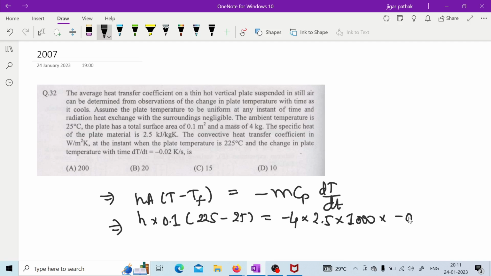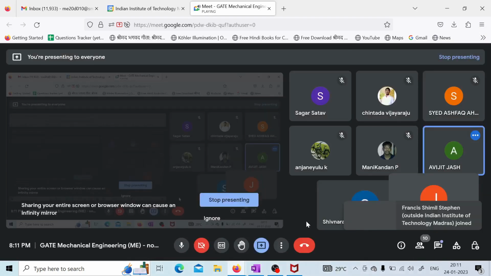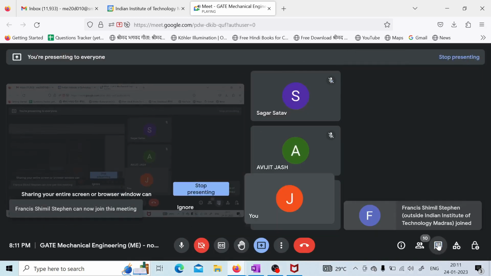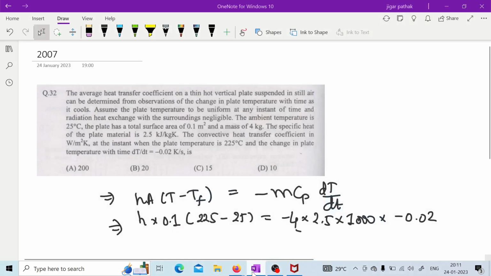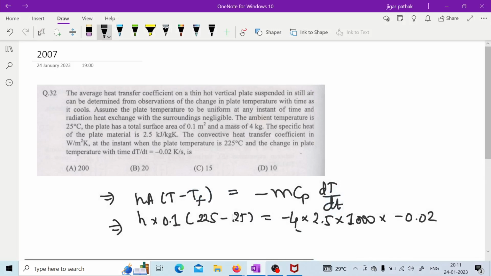And dT by dt is minus 0.02. Correct? Yes, sir. So from this you will get h. So what is h? 10, sir. 10 watt per meter square Kelvin. So this is your answer.